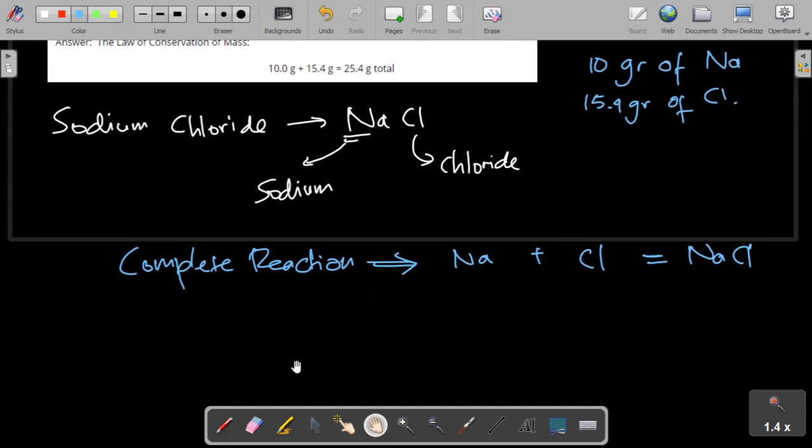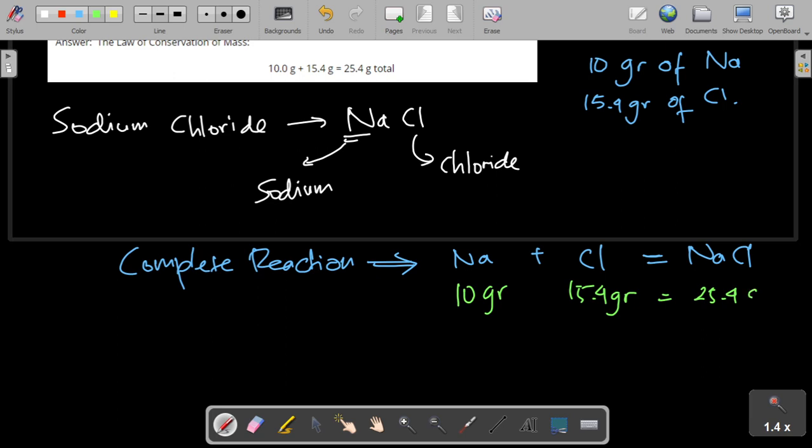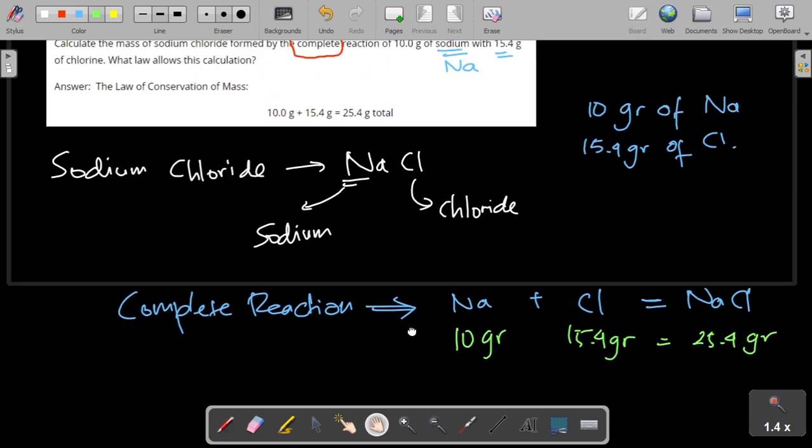So 10 gram of sodium plus 15.4 gram of chlorine. So the sodium chloride we get will be 25.4 gram in total.